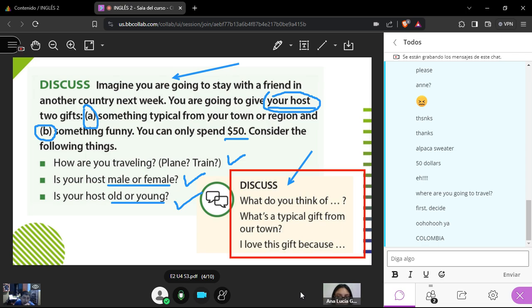Could be pisco or wine. And what else? Could be also cacao. Oh yeah, you're right, Colombia has it too. Something more representative, or could be funny also. Something funny.